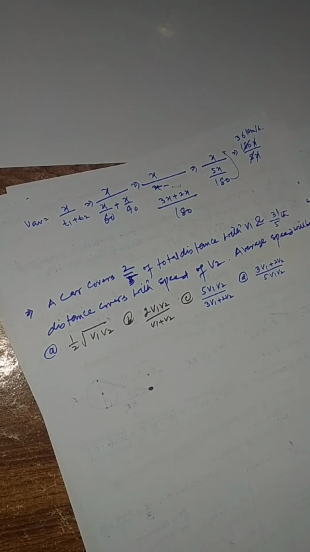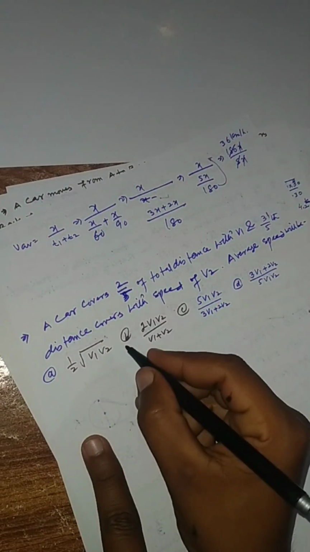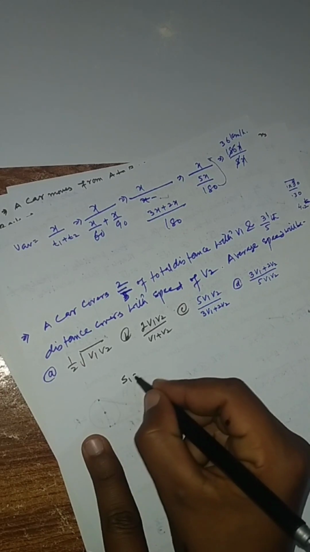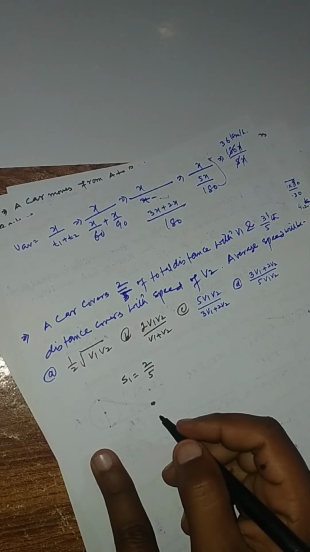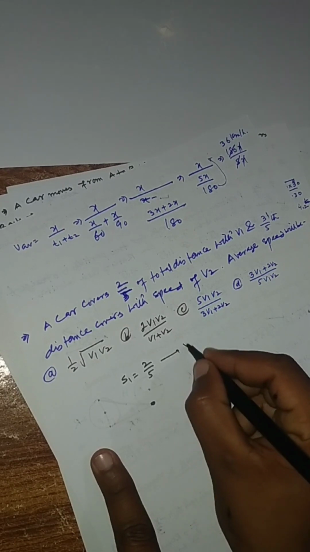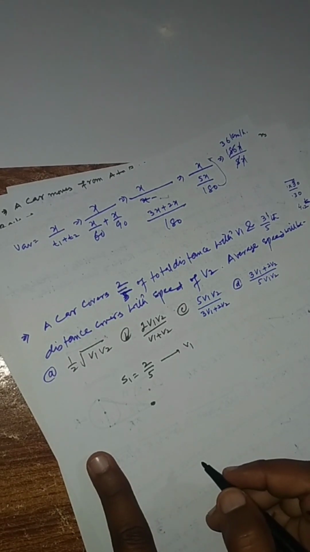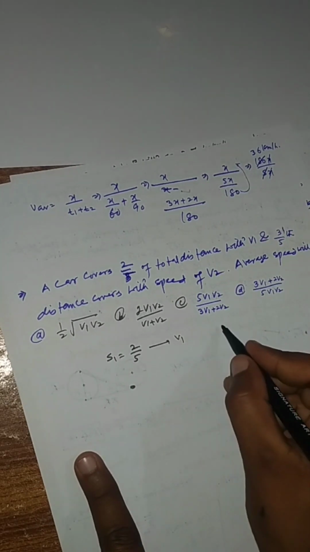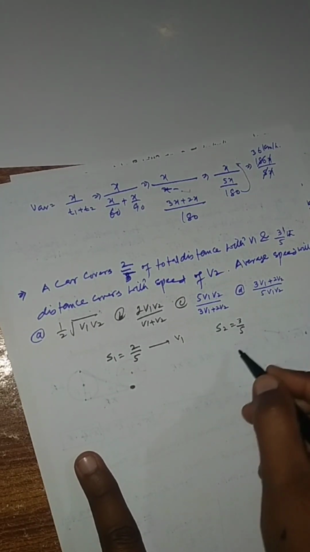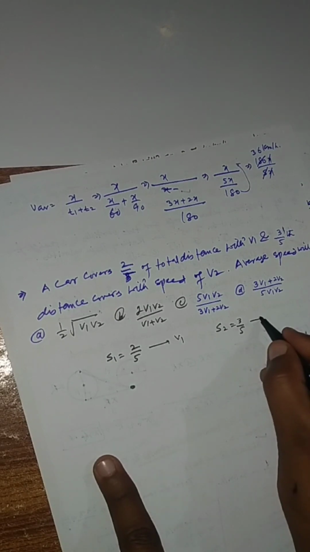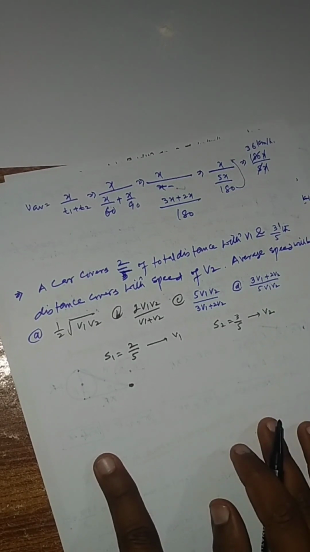Okay, so what will be correct? Let's say the distance S1 is 2/5 of its total distance with v1, and the remaining S2 is equal to 3/5, and this is with the speed v2.